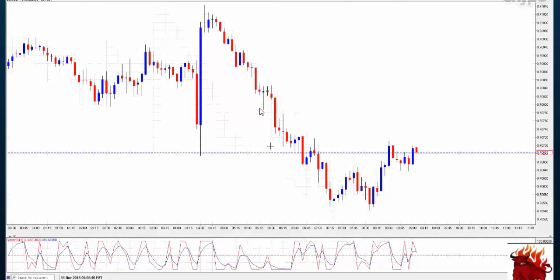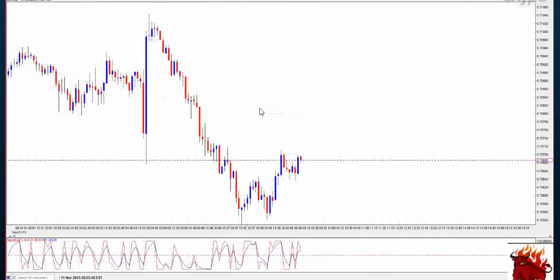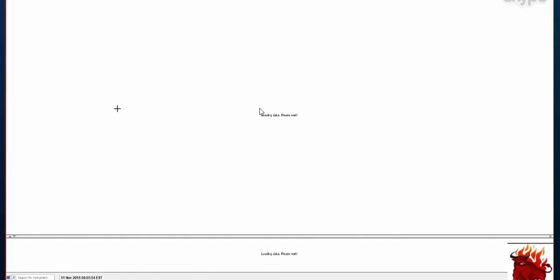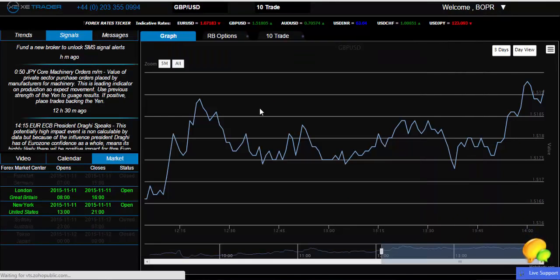What about XC Trader? Yeah, you can use RB option on XC Trader as well. But if you want to use XC Trader, don't forget you have to open up something like two or three brokers at a minimum to get the signals and trends and all that lot.